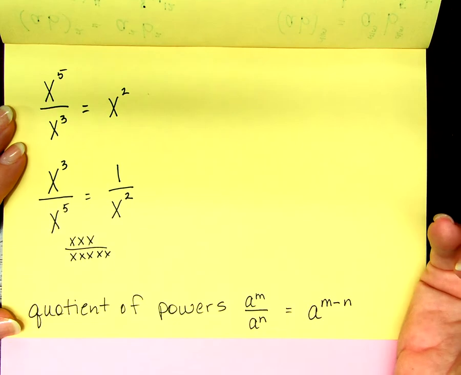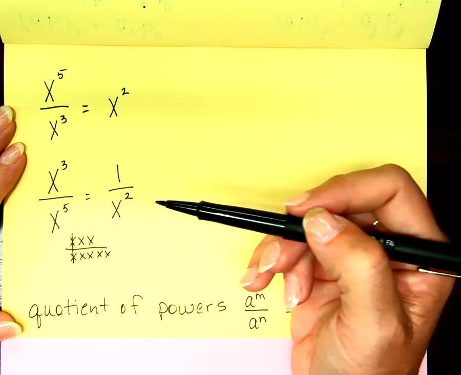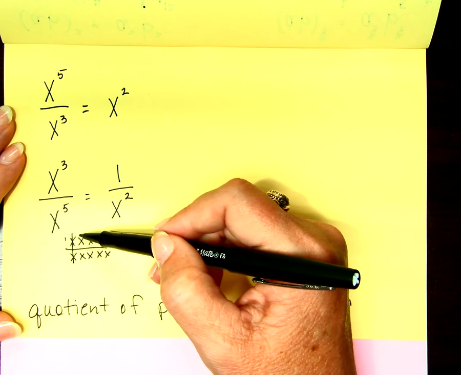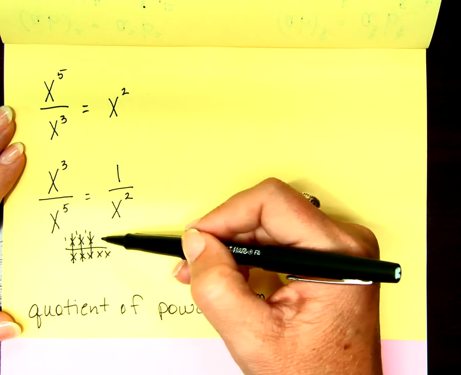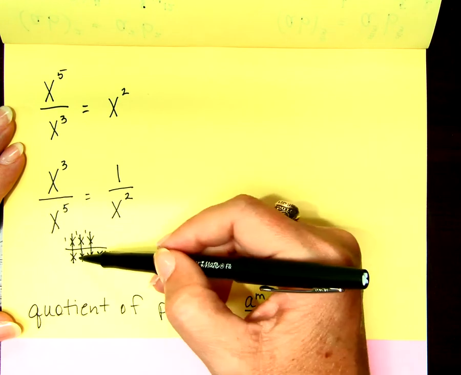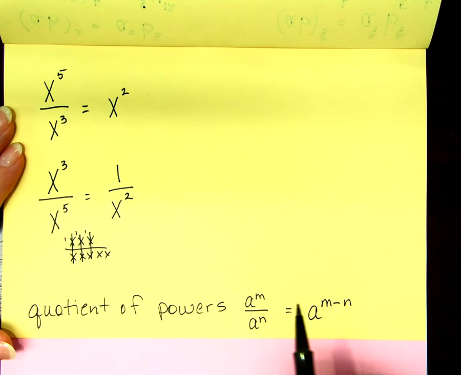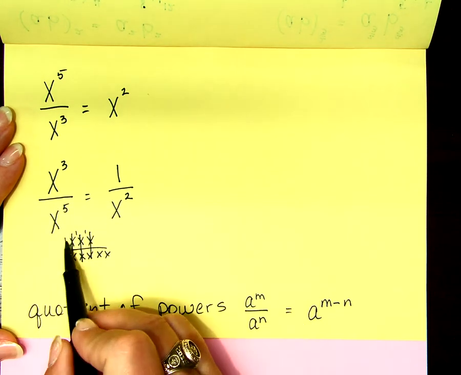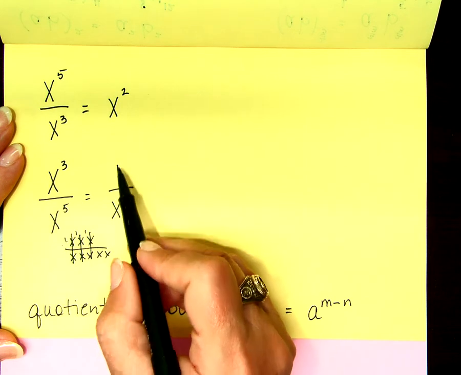What is x divided by x? 1. What's x divided by x? 1. What's x divided by x? 1. What's left in the numerator? 1. And what's left in the denominator? 2 x's, right? So x squared. We simplified everything. This is a 1, this is a 1, this is a 1. There's a 1 left in the numerator.